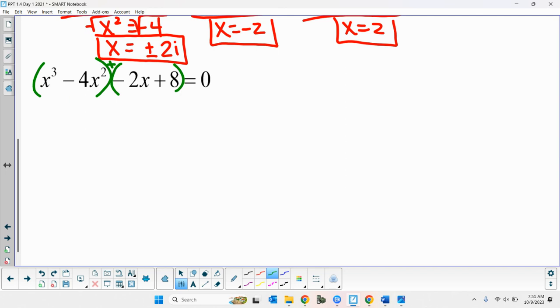So what's the GCF in this first group? X squared. In the second group, the first term has a negative in front, so we pull the negative out. What else goes into 2x and 8? 2, right? So we'll pull negative 2 out there.